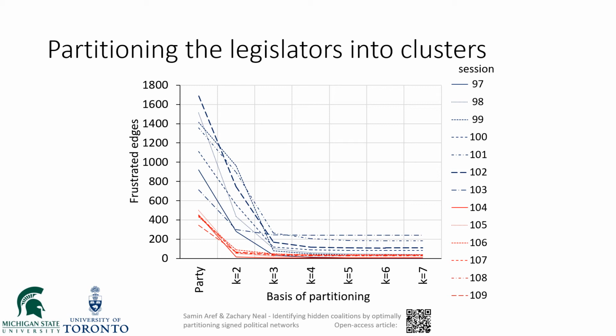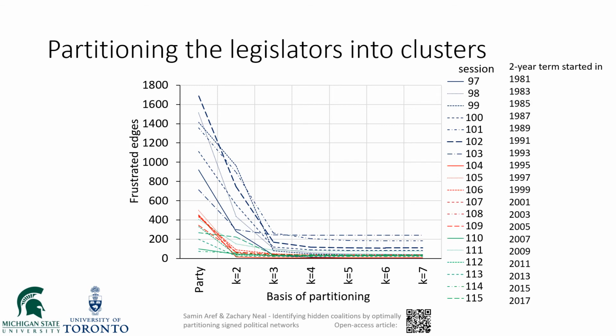But still, we see the same general pattern: the optimal 2 partitioning is better than party-based grouping, and the optimal 3 partitioning is better than optimal 2 partitioning. Now you see the most recent sessions in green, which confirm the patterns we observed so far.